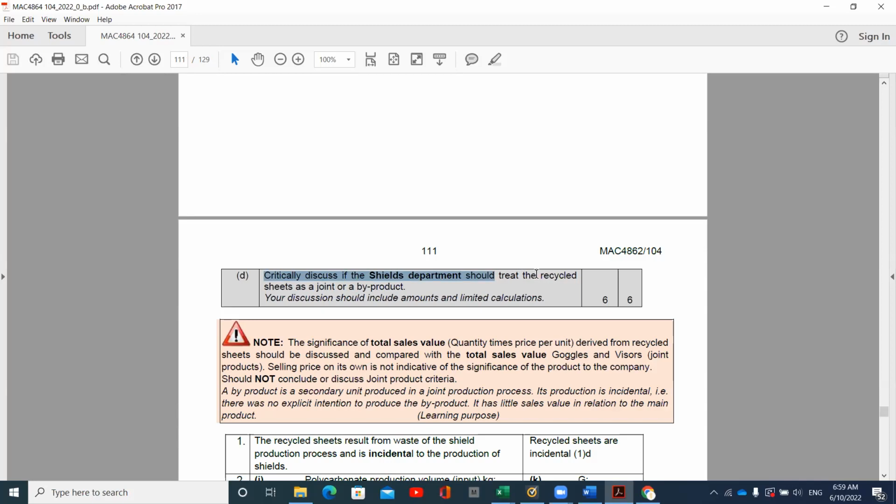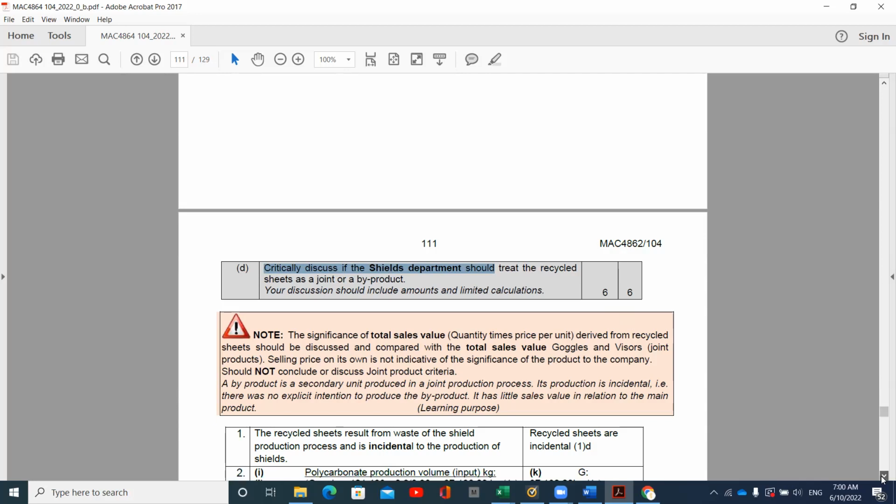Now the question is whether the recycled sheets are a joint product or a byproduct. The way you test this is work out the sales value of the recycled sheets, and you compare it to the sales value of the goggles and the visors. So a byproduct has a sales value that is insignificant, very small relative to the other products. Okay, so that's basically how you'll go about doing it.